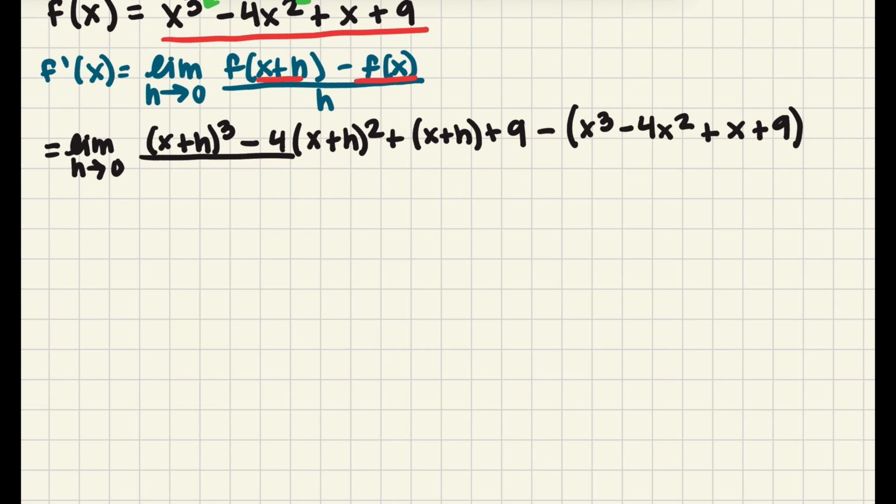And don't forget to put that all over h. If you think this is long, it's about to get a lot longer.